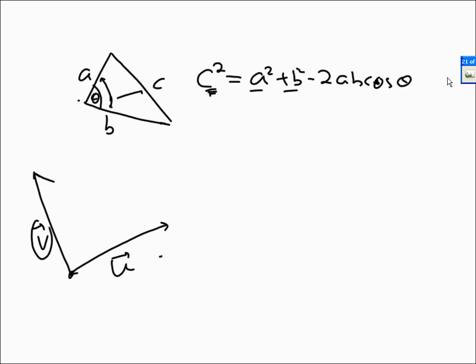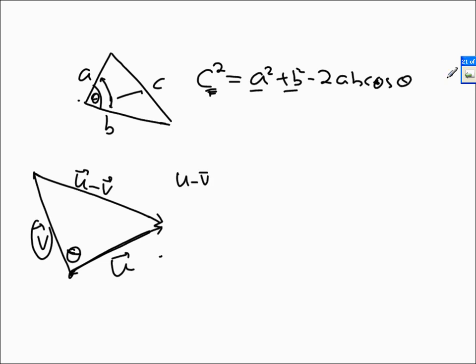And I want to add something to it, so this is the sum. I'm naming the sum u. This must be u minus v. And this is the angle between u and v, angle theta. I'm going to use the law of cosines here.